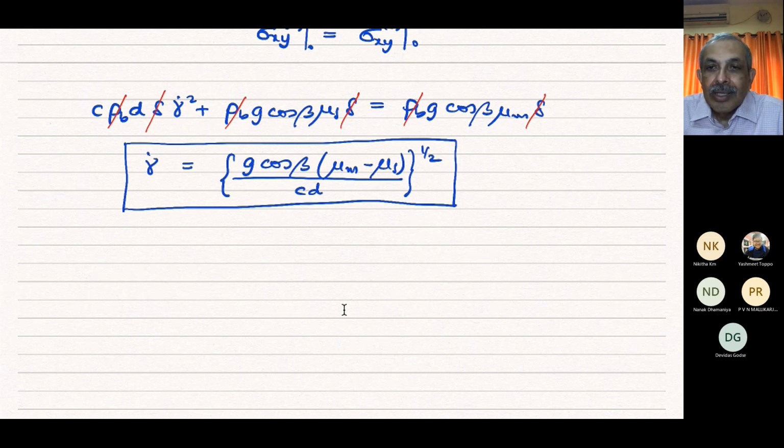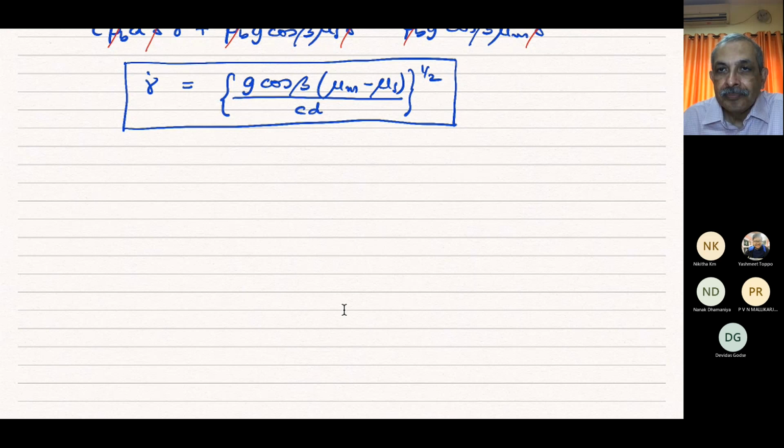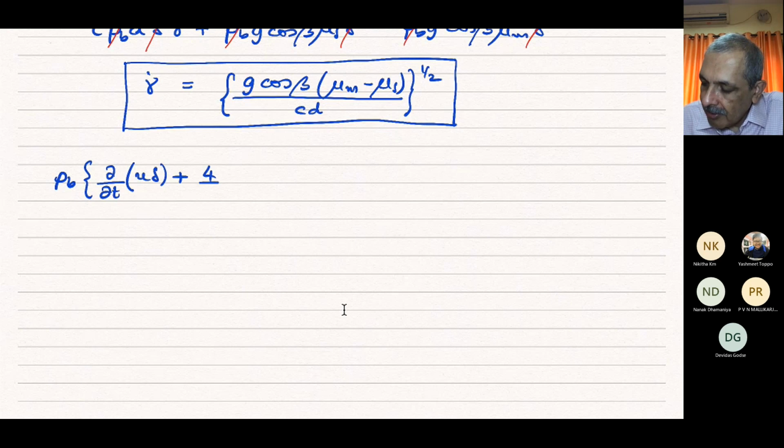And now, if we put this into the equation, then the momentum balance equation just becomes rho b into del by del t of u times delta plus 4 by 3 del by del x of u squared delta is equal to half.